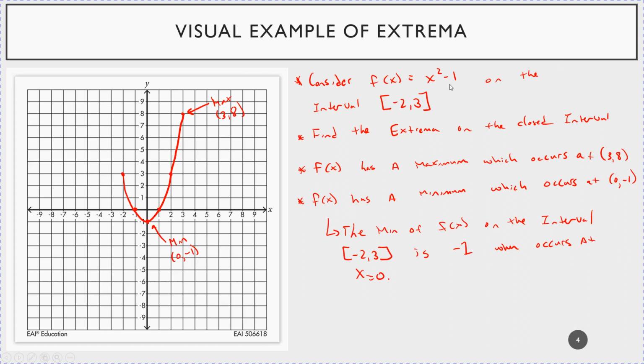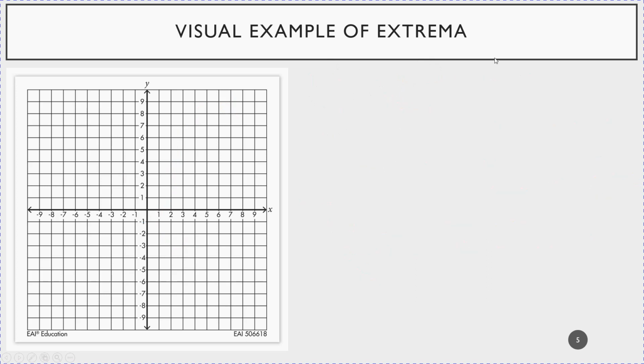All right, so let's expand on this now, okay? Let's expand on this and talk about what happens if it's an open interval. Okay, so I'm going to do the same problem. So I'm going to go to the next slide here. So let's consider f of x is equal to x squared minus 1 on the interval.